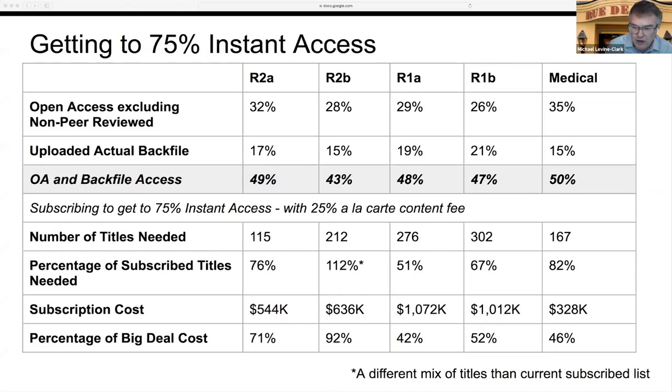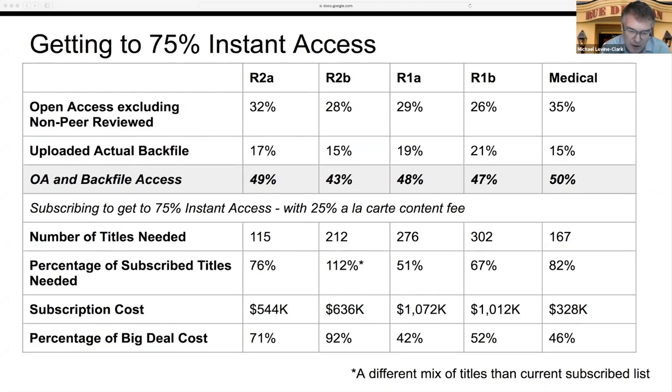So let's try to get more access at these institutions. We go up to 75%. And the numbers go up. In fact, for the second R2, they actually would need to subscribe to more titles than they currently subscribe to, because the titles that they're subscribing to are probably just the wrong list of titles, and they're not high use titles. They're more expensive titles than the actual titles that get used at that institution.